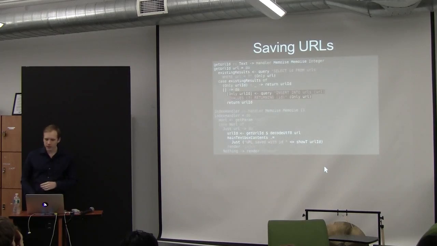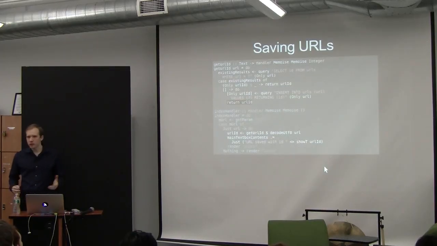If it doesn't have any results, that's what the empty list does on the previous line, then we're going to insert it. And then out of this SQL, we'll return the ID. That's why it says returning ID. And then finally, we return it from our overall function. So regardless of what happens during the function, you're going to end up with an ID, and that ID corresponds to the URL.